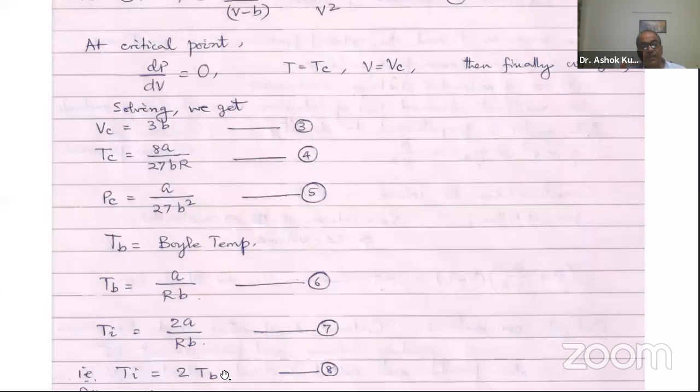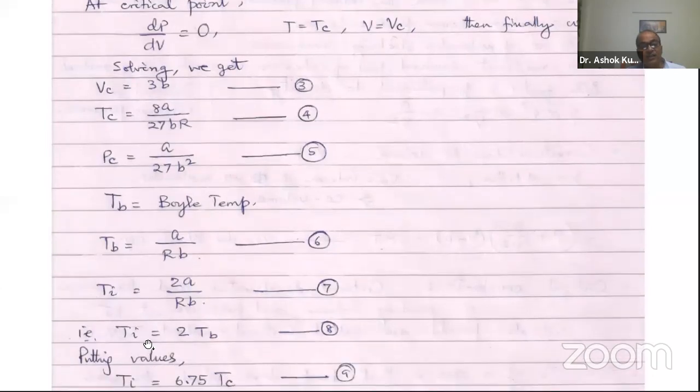So from here we can say that Ti is equal to 2TB. That means the temperature of inversion, or sorry, inflection, is equal to twice the Boyle temperature.